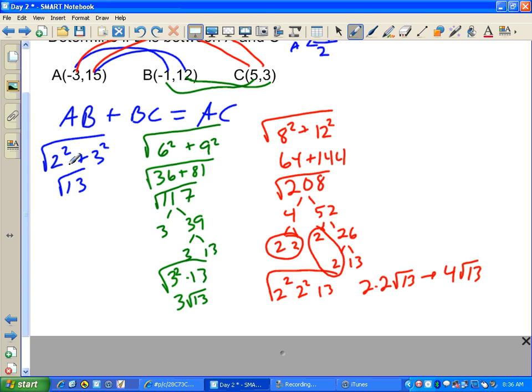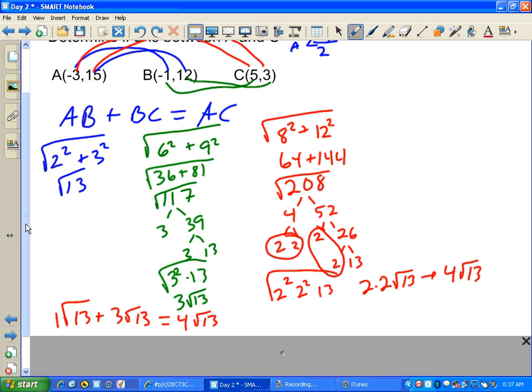So now we've got the square root of 13 plus 3 square roots of 13. Does that equal 4 square roots of 13? It does. This is 1 square root of 13, this is 3 square roots of 13, so I have a total of 4 square roots of 13.